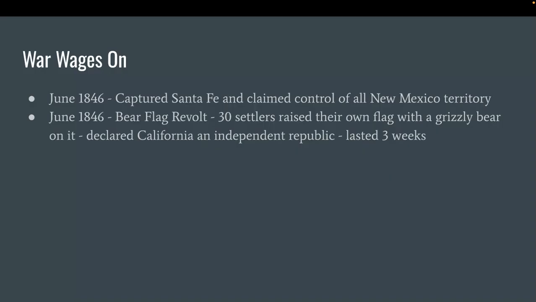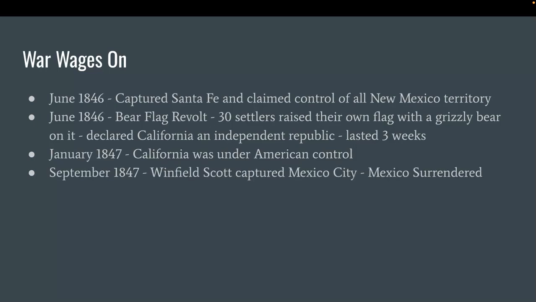This lasted for about 3 weeks. There's a military leader who shows up and he's trying to keep control, but California officially is under American control by January of 1847. In September of 1847, Winfield Scott, who is a very famous general, captures Mexico City.